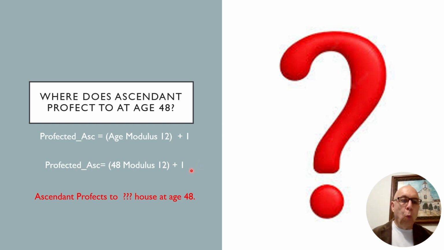So what house does someone at age 48, what house does their ascendant perfect to? If you want to stop the video and figure that out, then please do so.